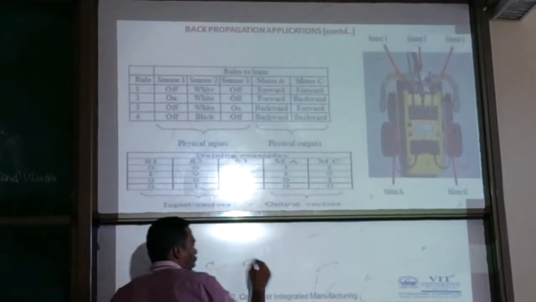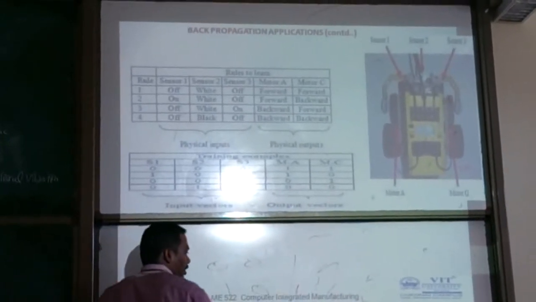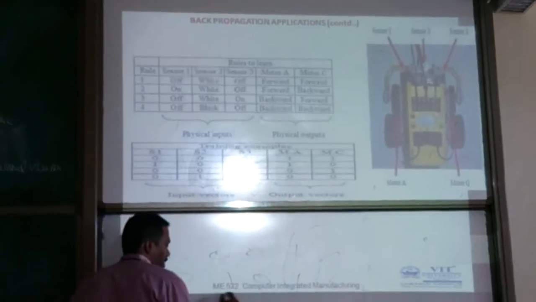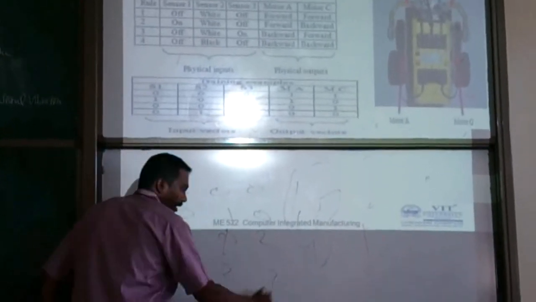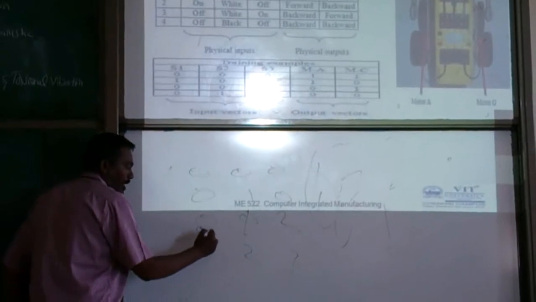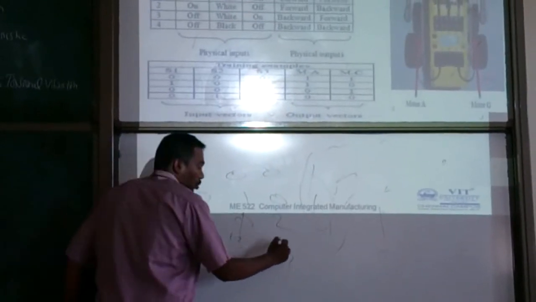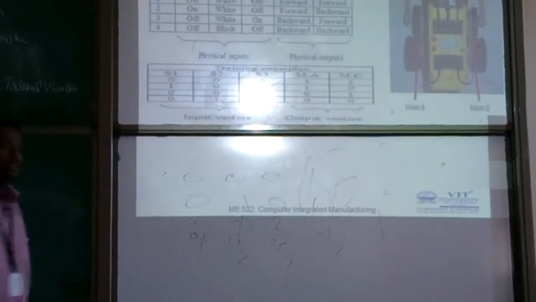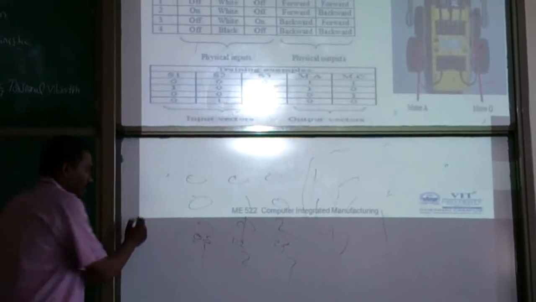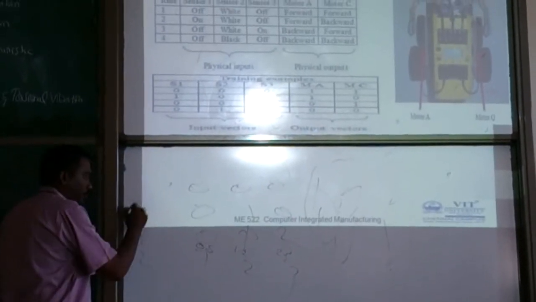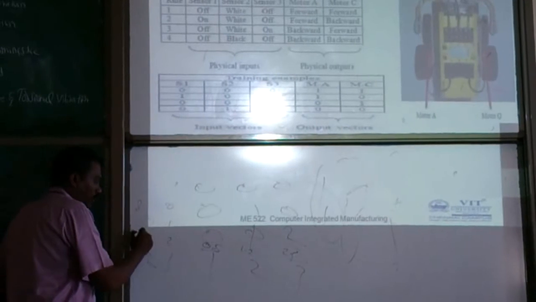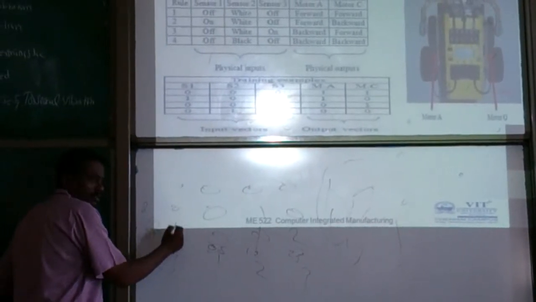For example, I am locating 0.5, 1.2, 2.3. If you have one rule, 0, 1, 2, then 1, 2, 3 means 1.5 indicates yes, you can say so.